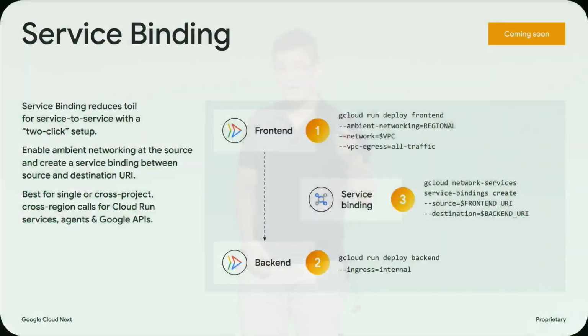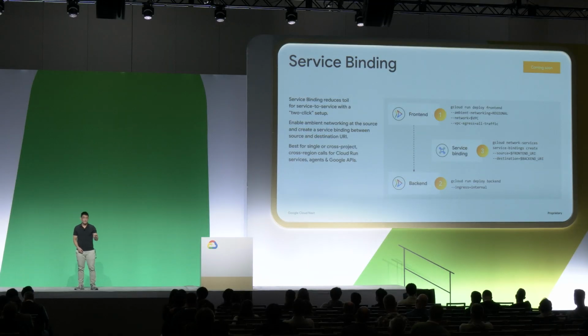The three things you need there are a source URI, a destination URI, and essentially a way that we would match the metadata of the backend. For Cloud Run service to service, you'd be able to specify a host name match with that backend service name. And in the future, this flow would also support the mTLS tokens and certificates.